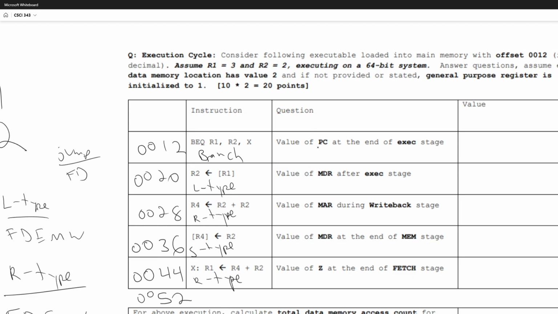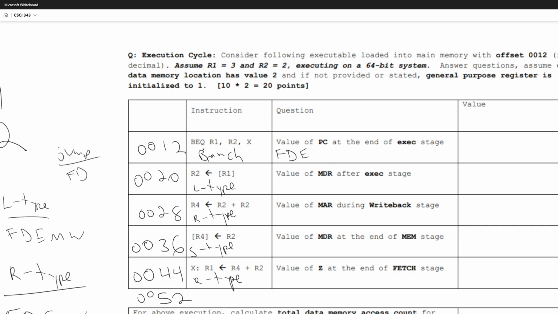Okay, so value of PC at the end of exec stage. So for a branch, there's always fetch, decode, and exec. In the PC, initially they increment it to 20, but depending on whether the calculation from this branch is true or not, it might change the PC.